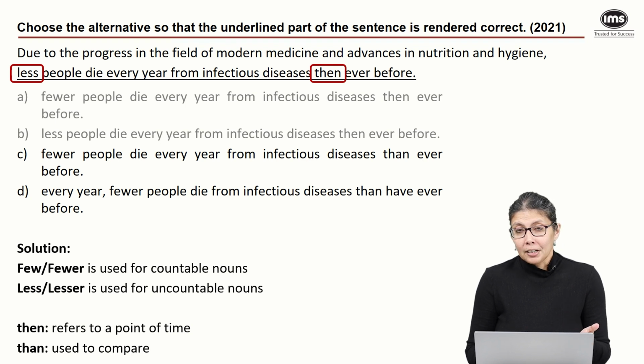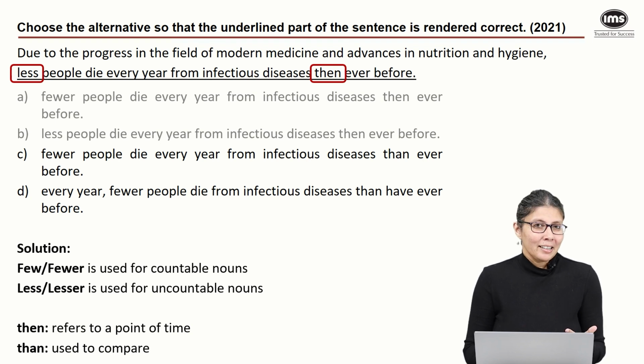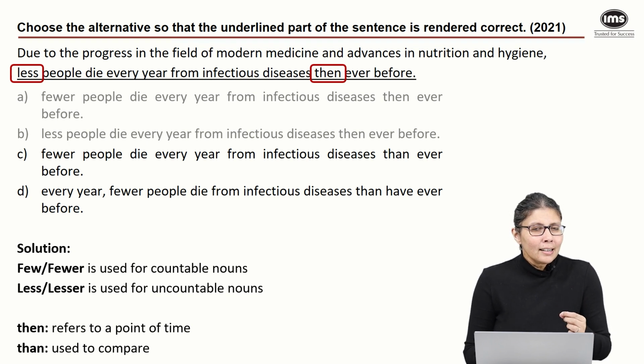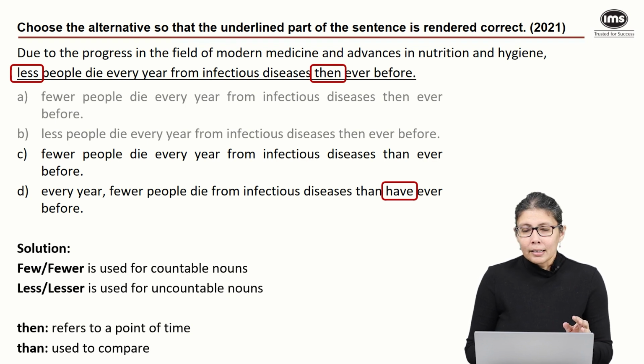Now, unfortunately, option D also has corrected both the original errors. So how are options C and D different? A lot of times, they might sneak in another tiny error somewhere else, which you might not notice in your first reading. Now, if you look at D, the word that they have snuck in is have. If you look at the tense of the sentence, we are saying that something happens every year.